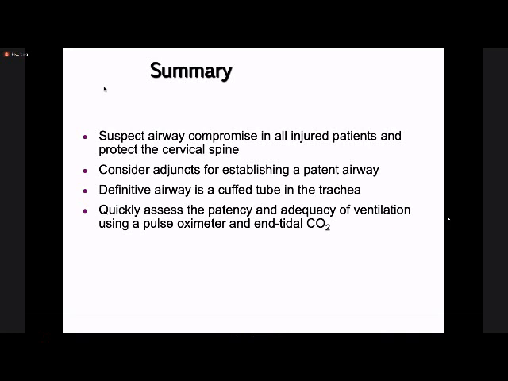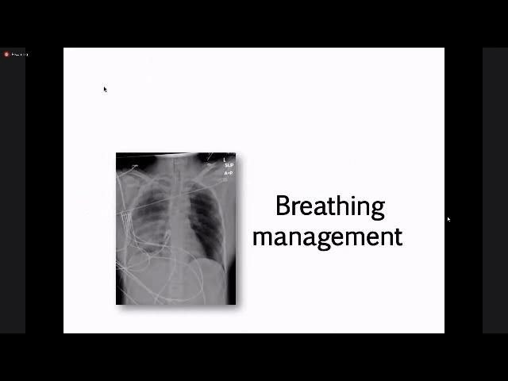We have discussed the place of adjuncts or various gadgets that are available for establishing an airway, and what a definitive airway is, why we need to use a definitive airway, and what are the circumstances. And then once we have established a definitive airway, how to assess whether the airway is in the correct place. So that's about airway management. Now we will go into problems with breathing.